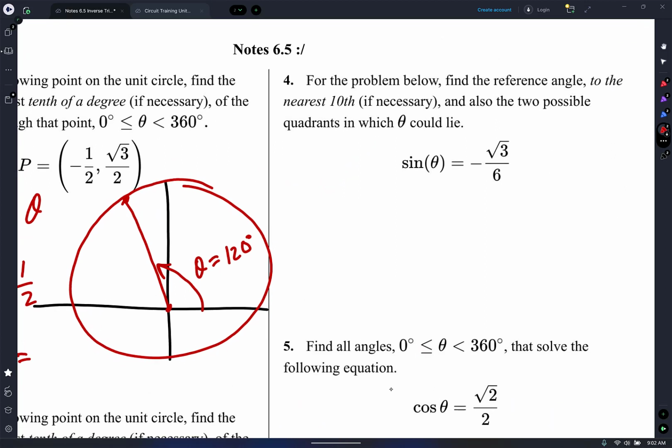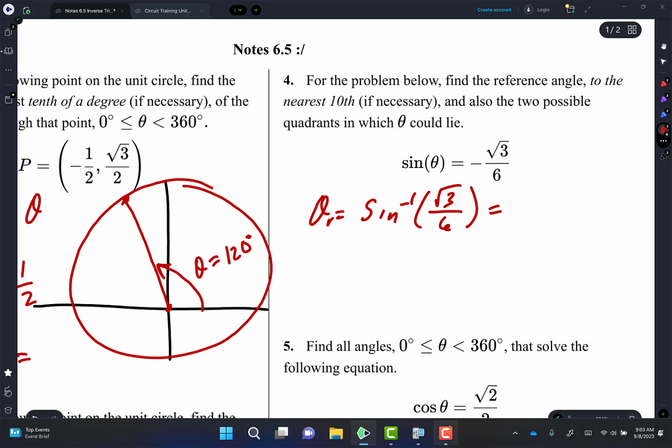So how do I find the reference angle? I just drop the negative and then just do inverse sine. So theta equals, or I guess I could put theta r because it's a reference angle. Theta r equals inverse sine or arc sine, and I drop the negative, square root of 3 over 6.